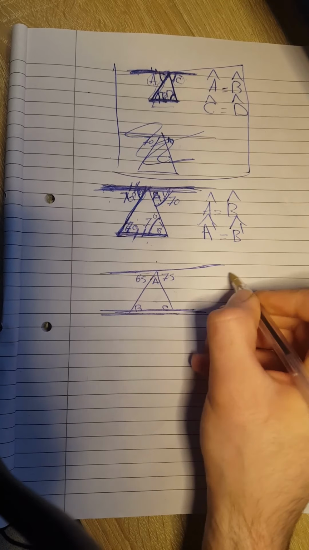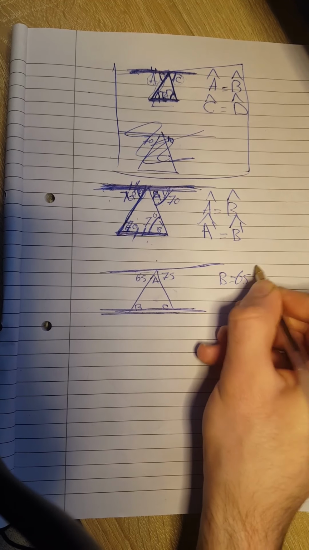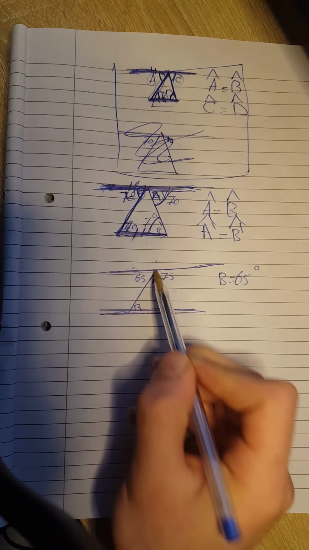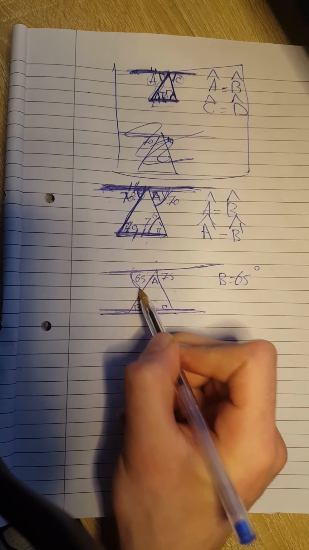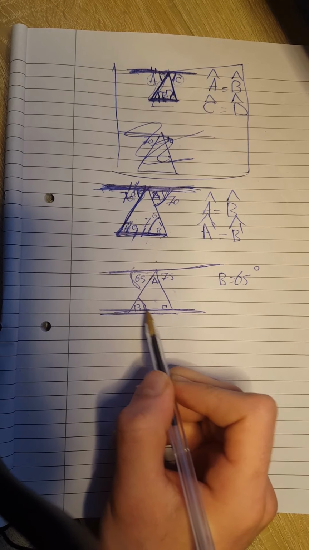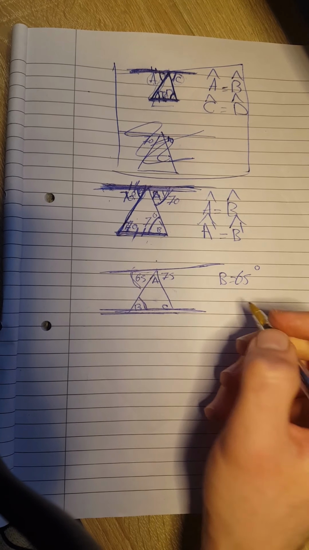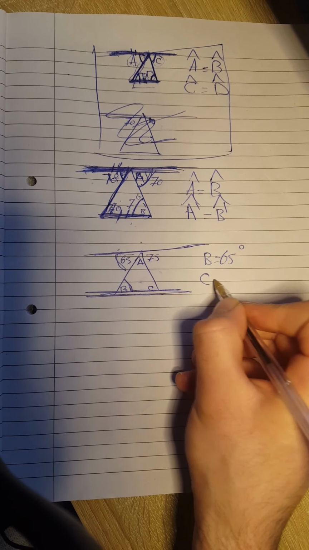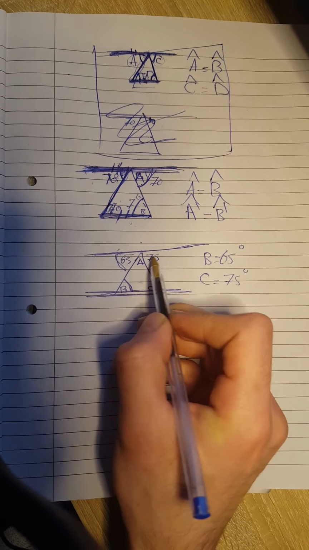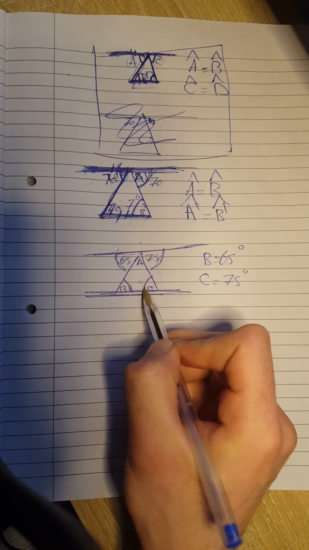So B will be equal to 65 degrees. Why? Because we've got two straight lines and this angle equals this angle. So B equals 65. Now, what about C? C, of course, equals 75 degrees, because this angle equals this angle.